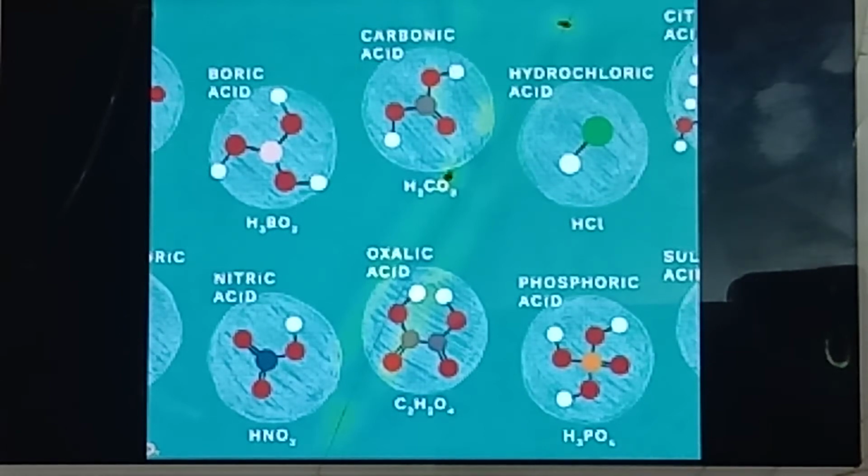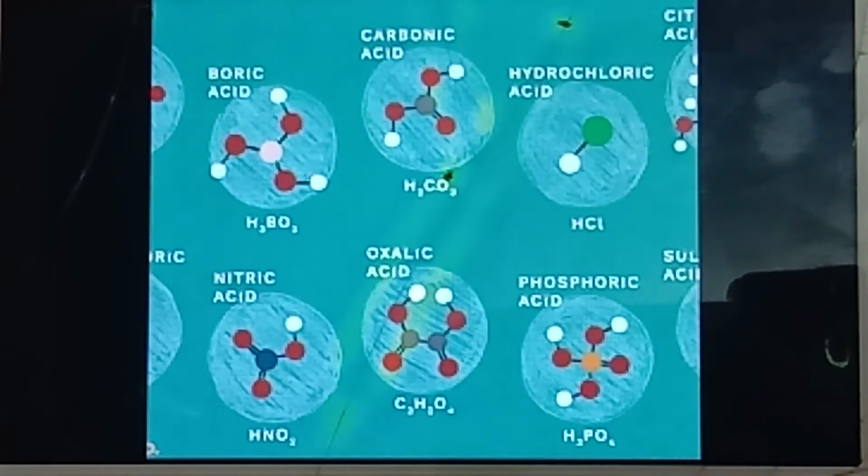All acids contain one or more replaceable hydrogen atoms in their molecule, and when dissolved in water they release H plus ions, that is hydrogen ions.